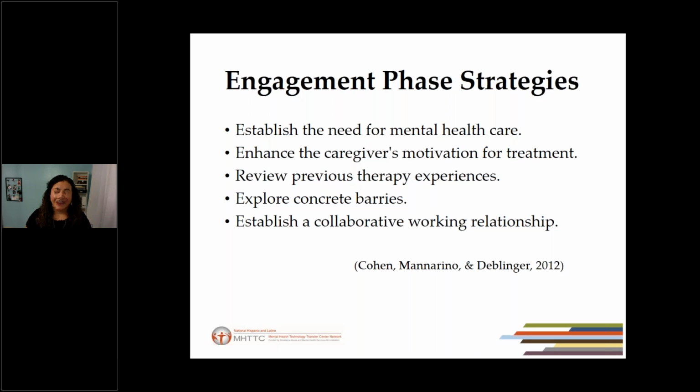Take extra time with Latinos to provide psychoeducation, to let them know what a therapist, a psychologist, a counselor is, and that as a therapist you will not prescribe medication.